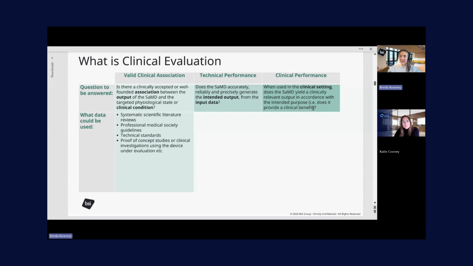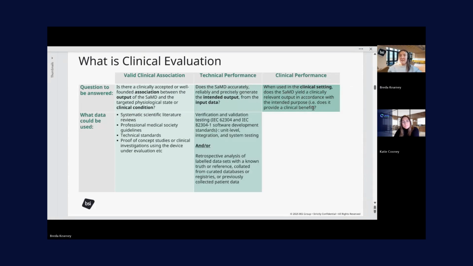Technical performance then, that's fairly straightforward. A lot of you will probably have heard of the standards IEC 62304 and IEC 82304, so the software development standards. So it's your verification and validation testing. That's how you do your technical performance.